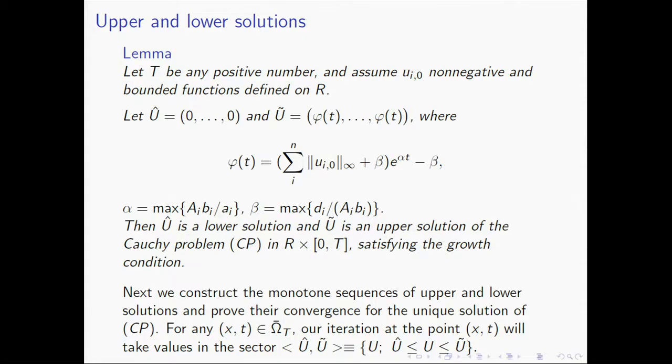The first lemma: let capital T be any positive number, and assume that the initial data are non-negative and bounded functions on R. Then 0 is a lower solution, and this function here, with the same components, each component like this, is an upper solution of the problem.